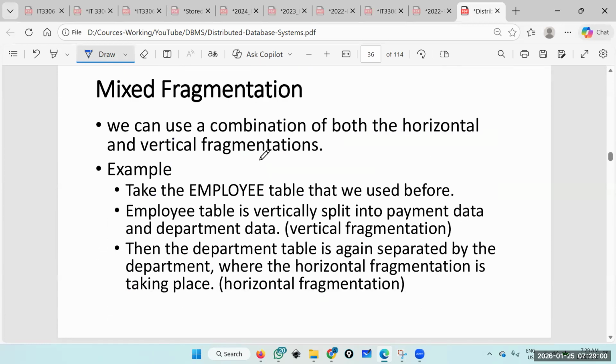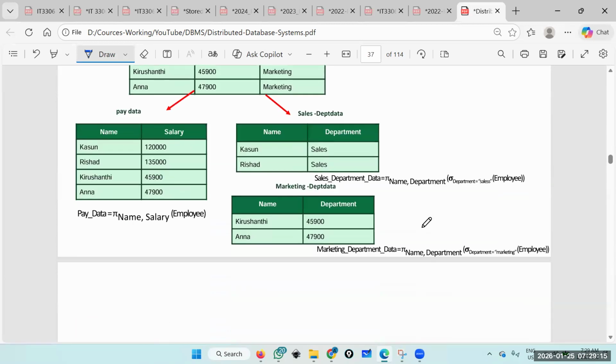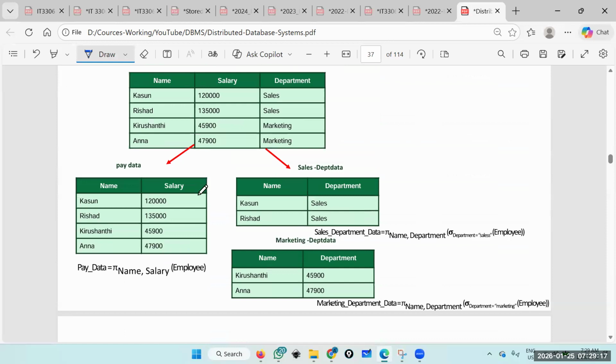So then you can have mixed fragmentation. That is where you use both horizontal fragmentation and vertical fragmentation together. You can see here, this is vertical fragmentation. For all the records, only two fields are here, and the other two fields are in these two sites.